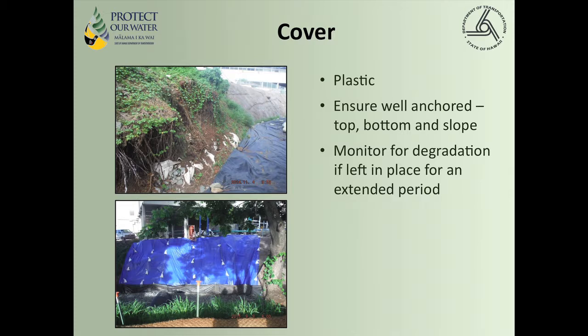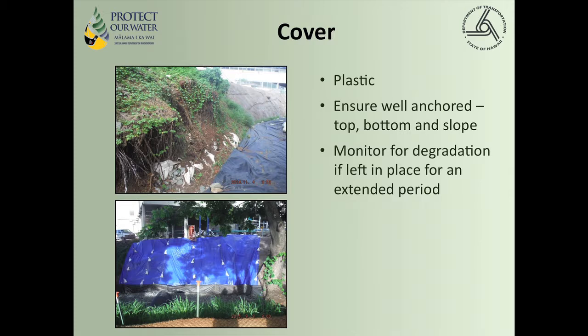I mentioned you can cover. You can use fabric. You can use plastic. Plastic is probably the best because it's not permeable. These pictures were taken out at Iao Stream. That stream was being scoured on one side and the banks eroded. So what they did is, it's tough to see in this, but there is a shotcrete wall up there.